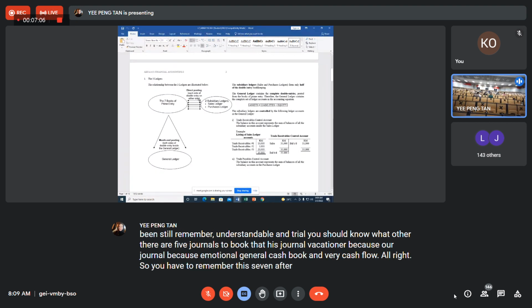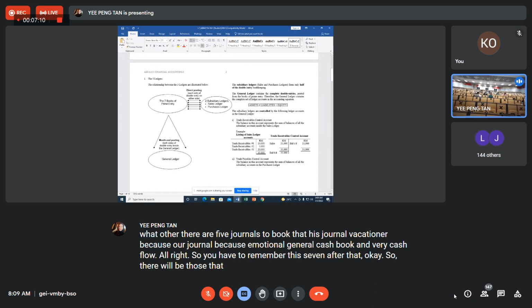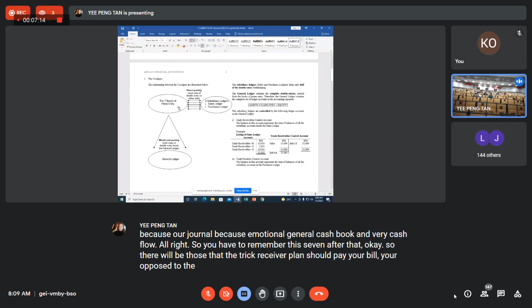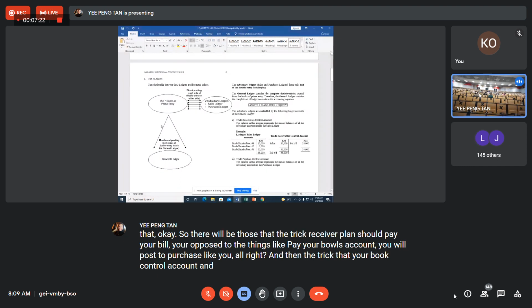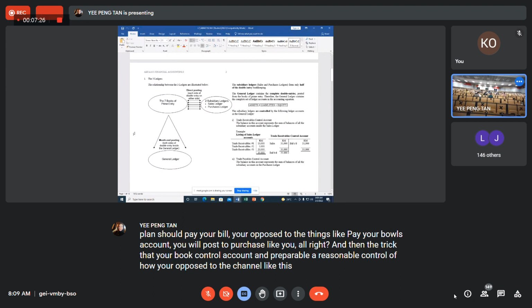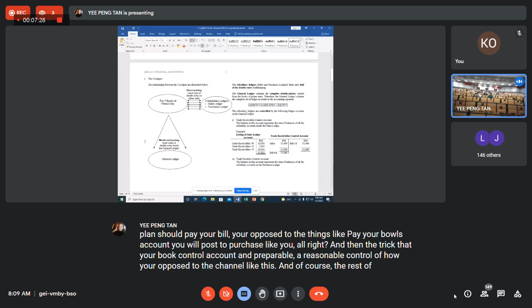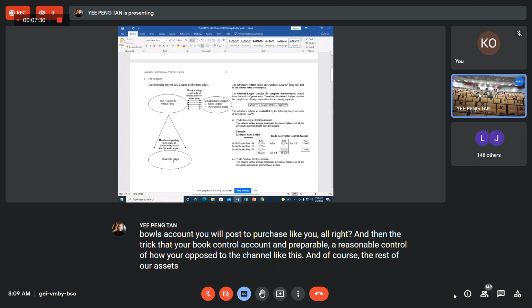After you enter those, trade receivables you post to the sales ledger, and trade payables accounts you post to the purchase ledger. The trade payable control account and trade receivable control account you post to the general ledger. And of course the rest, like the capital account and your asset accounts, you post to the general ledger.